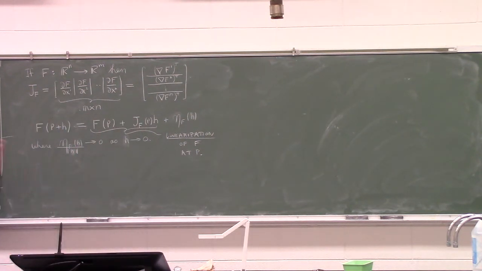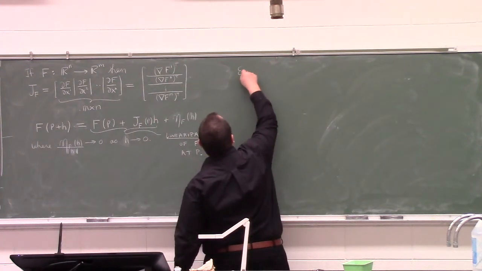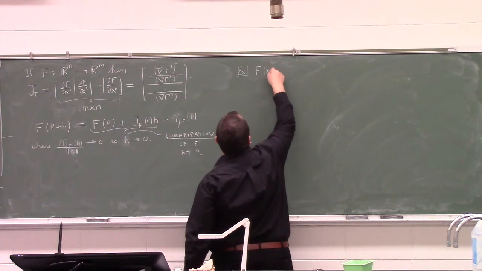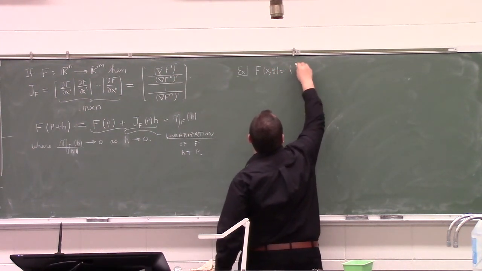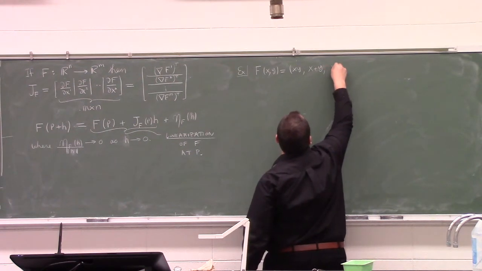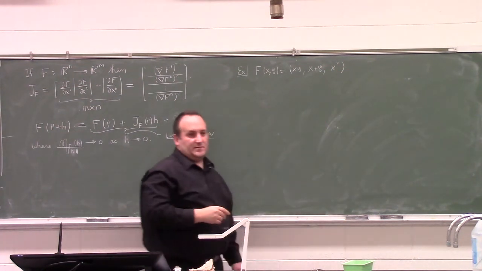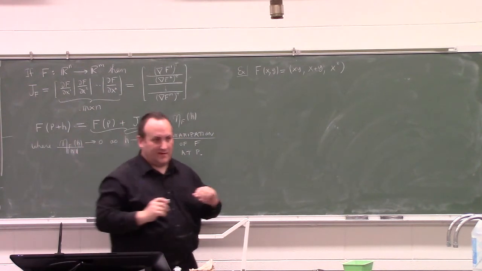Hey, let's do an example. Let's make this less abstract. I'll do f of x comma y equal to, let's say, xy, x plus y, x squared. So you've got to understand my silly notation. When I write open parentheses like this, it's my sneaky hidden notation for column vectors.